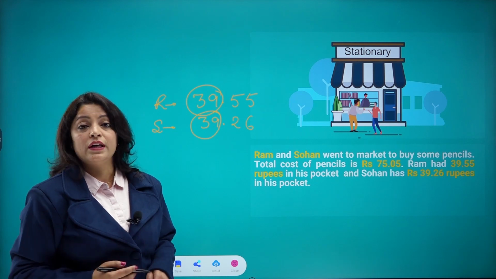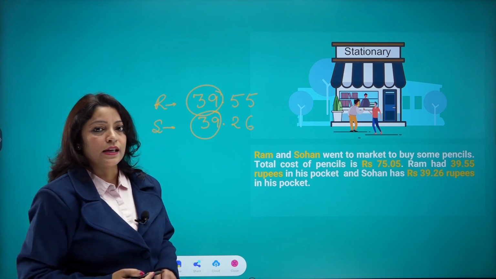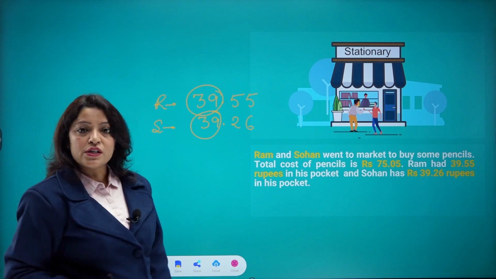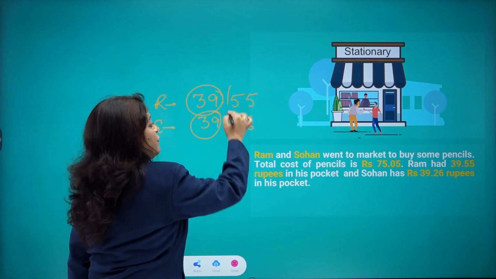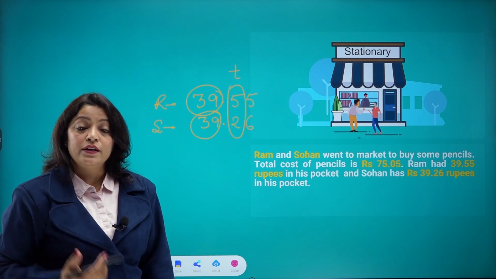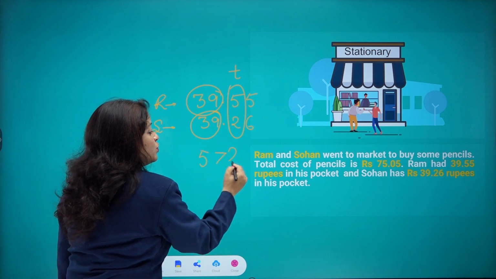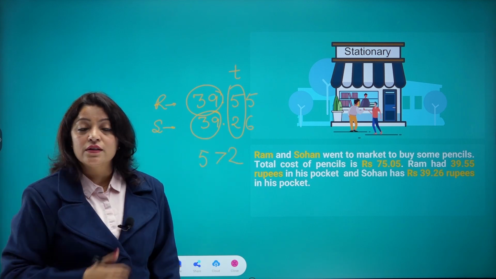Now, what is to be done? We will move one step at a time to the right-hand side. First we compare 5 and 2, which are present in the tenths place, and here 5 is greater than 2.